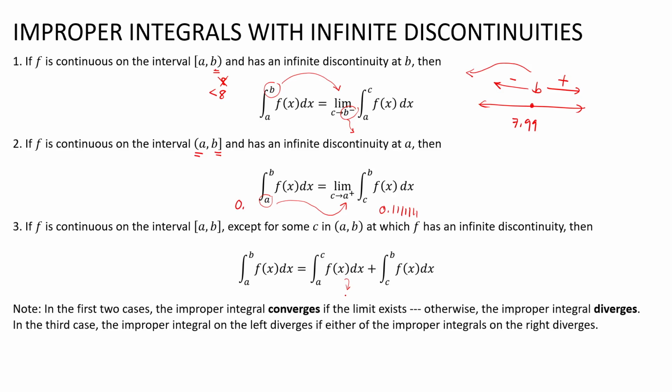This one is the first one, this one is the second. It is still the same for infinite improper integrals: you still have two types of answer, one is converging, one is diverging.